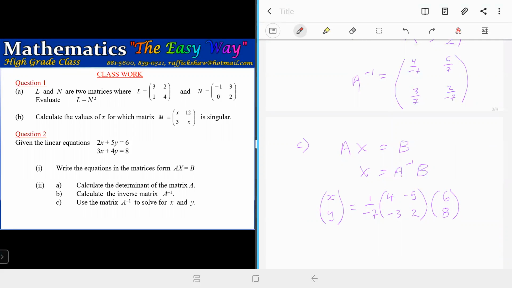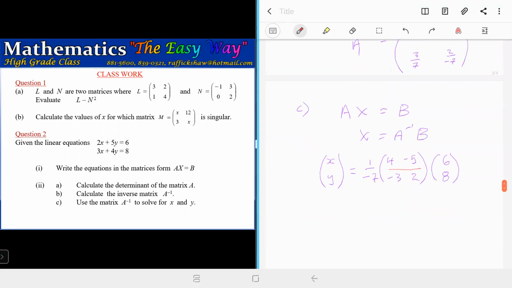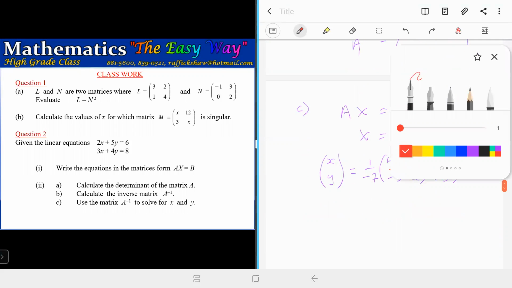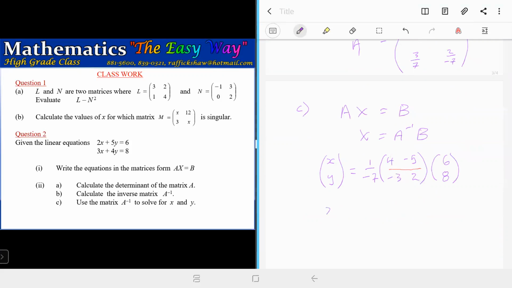We're calculating that using the rows of the first matrix with the 1 column, because there's only 1 column. So this calculation becomes xy is equal to 1 over -7. Now, calculating to get a column matrix, 2 values there and there.